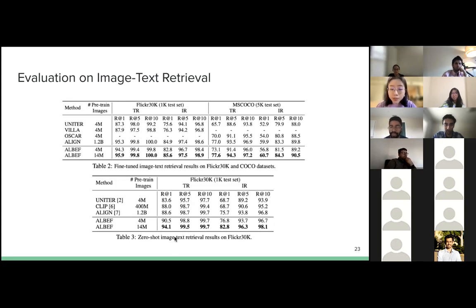And in terms of zero-shot image text retrieval results on Flickr 30K, it's also able to beat the very popular CLIP and Elaine model using only 14 million data compared to the 400 million data size used by CLIP and 1.2 billion used by Elaine. So I think potentially this model can be very data efficient when we're pre-training our multimodal models.